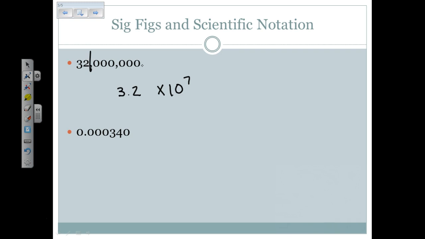They're trailing zeros with no decimal point. So when we write a number in scientific notation, we write only the significant zeros in there. So this has no significant zeros, and so this has 2 sig figs, and then this has 2 sig figs. So scientific notation is a really easy way for us to determine whether we have significant zeros or not.